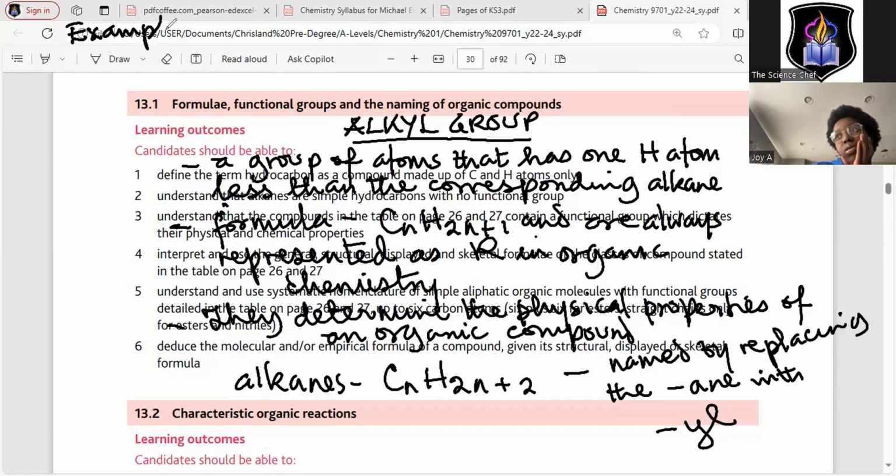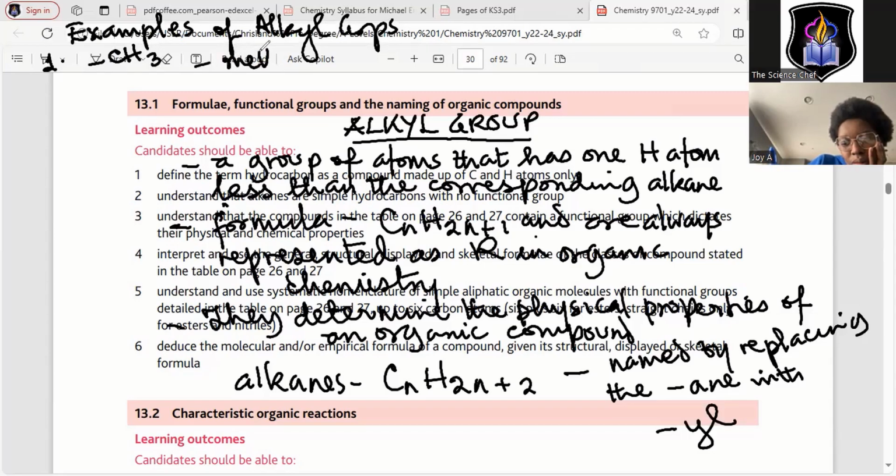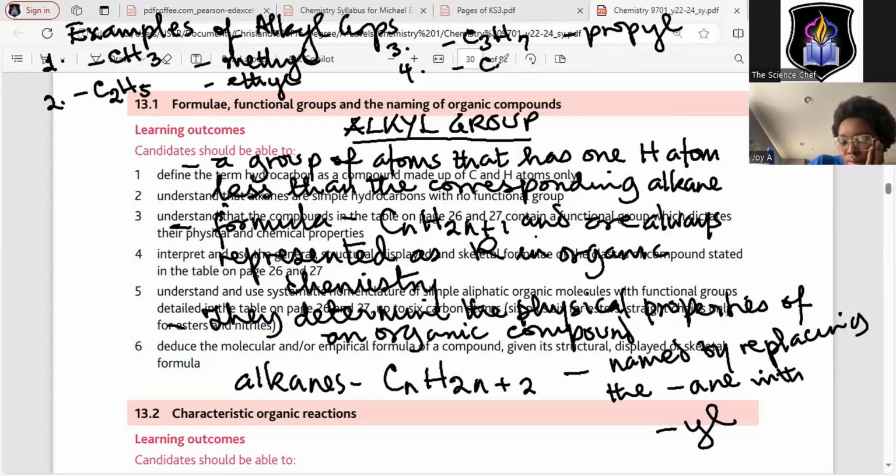Examples of alkyl groups: CH3, that's methyl; C2H5, that's ethyl; C3H7, that's propyl; C4H9, that's butyl; C5H11, that's pentyl, etc. You understand?